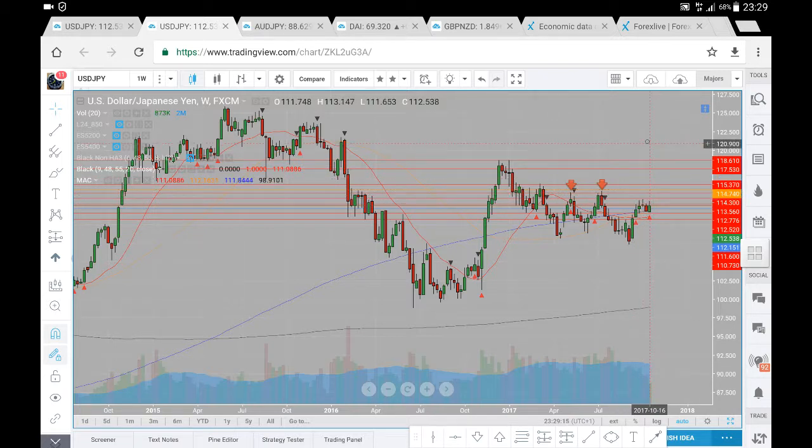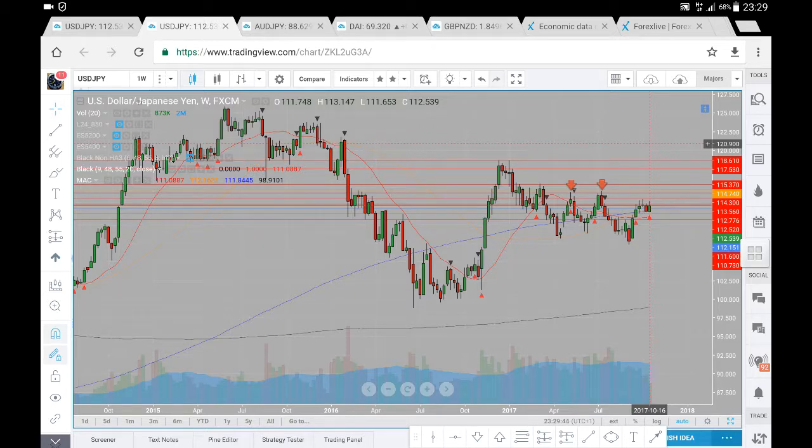It does appear that prices seem to have found a bit of a bid on the weekly time frame, in that we've had a bounce off the 111.80 level, which was the 200 period moving average here on the weekly time frame. Currently, the 200 period moving average on the weekly time frame is sitting at 111.84. So in around that 111.80 level, we also have a major level of support underneath at 111.60. So in around 111.80, 111.60, we do expect to see some buyers step into the market.